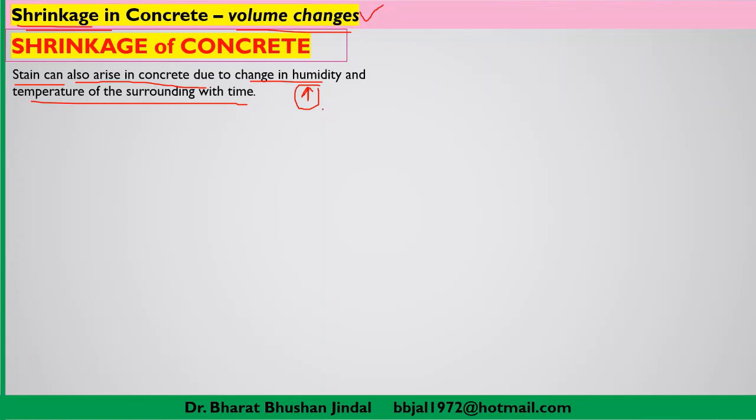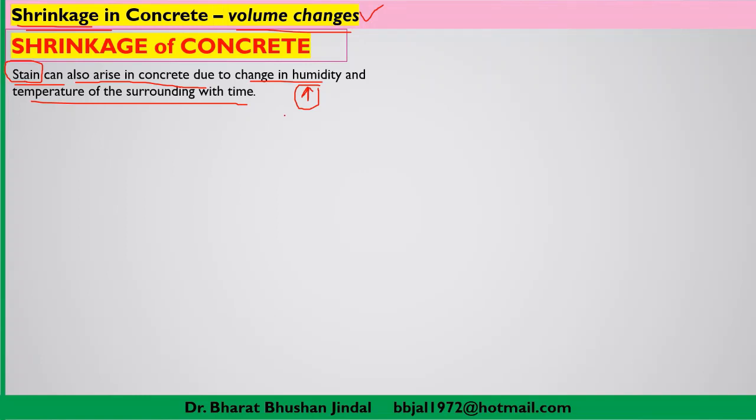So humidity may change, temperature may change. It is wrongly written here as stain; it is basically strain. So strain can also arise in concrete due to change in humidity and temperature of the surrounding with time.